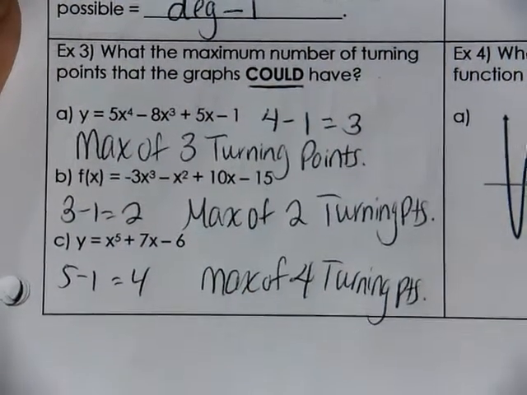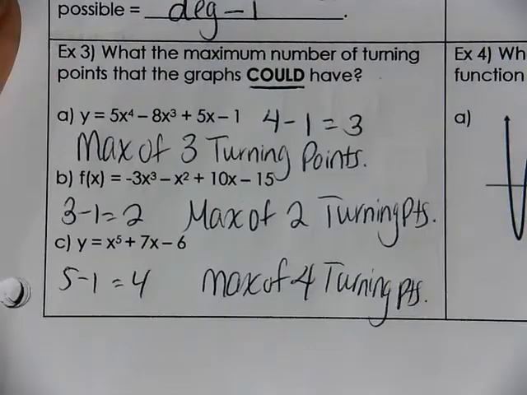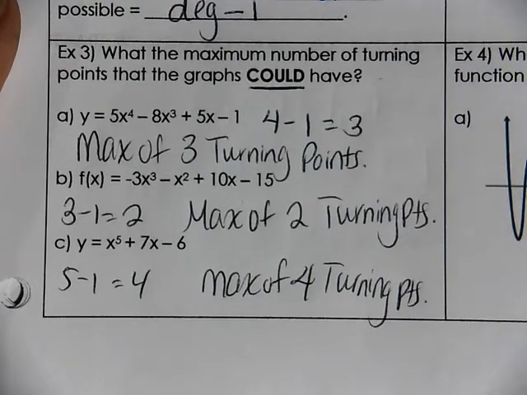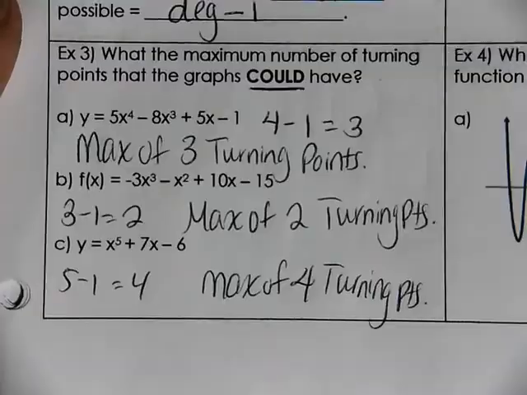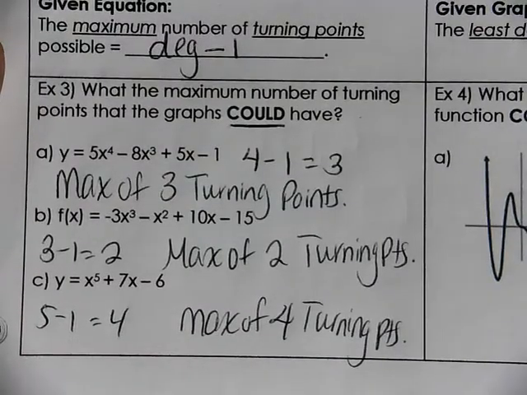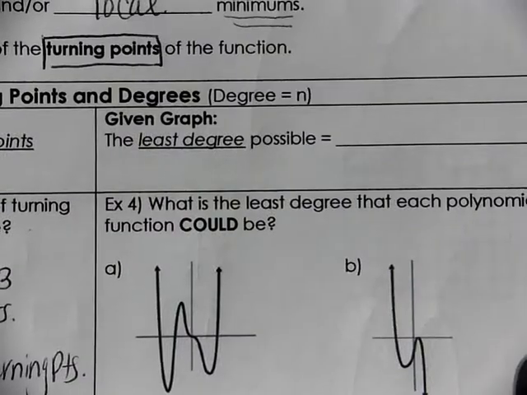We'd actually have to graph it. We'd actually need to analyze it. It would need to be in factored form, or we would have to create a crazy table in order for us to really graph it and analyze it. But this is generalizations, and in general, the maximum number of turning points that a graph could have is its degree minus 1. Let's say you're given a graph.